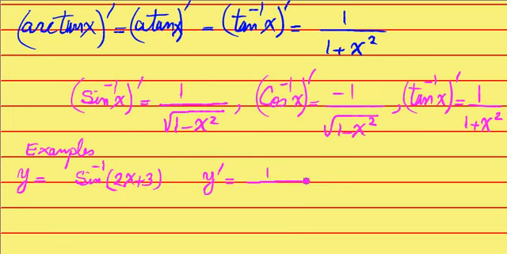One is this substitution, which is 1 minus 2x plus 3 squared. The other one is that we have to multiply with the derivative of the substitution, 2x plus 3. So I have to multiply with 2x plus 3 prime. The derivative of that is just 2.